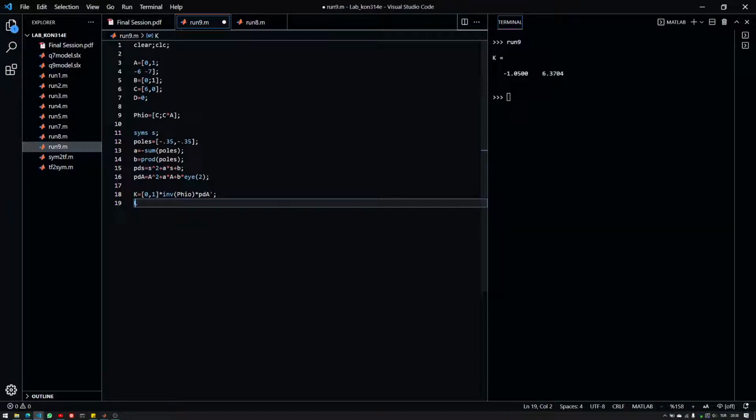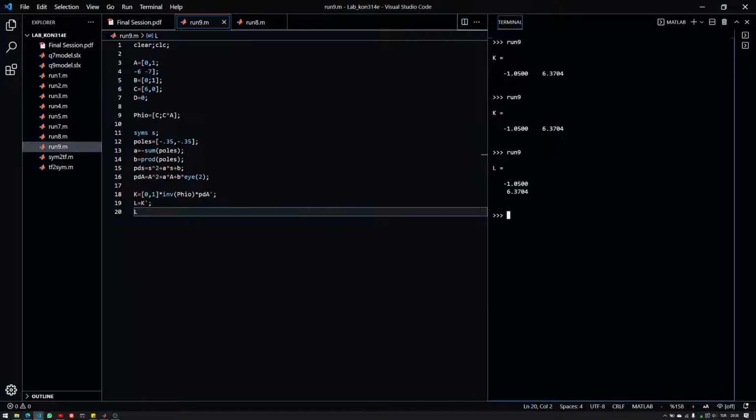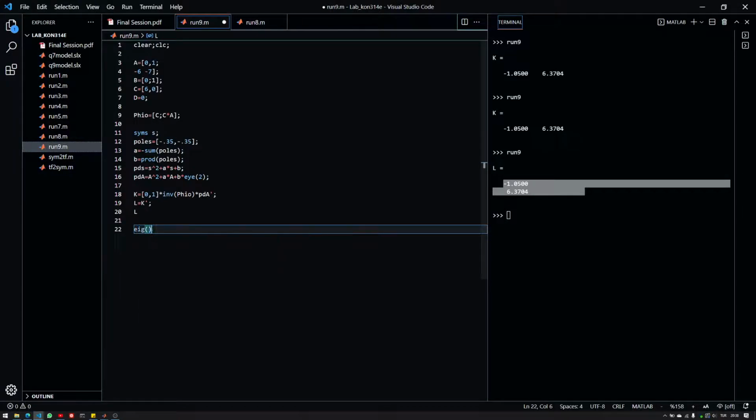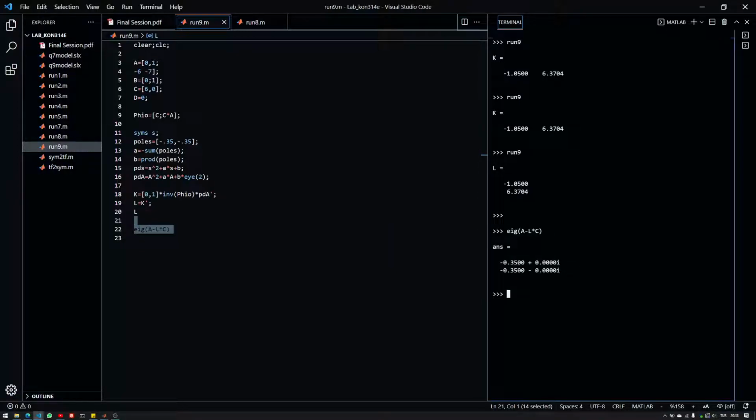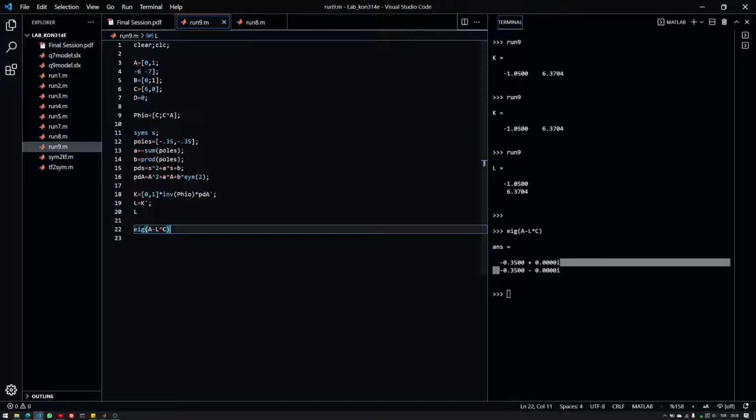We can define L as K transpose, and we should be good to go. Now let's check what the eigenvalue of A minus L times C is, and hope that we did not mess up. As you can see, the eigenvalue of A minus LC is 0.35 and 0.35.